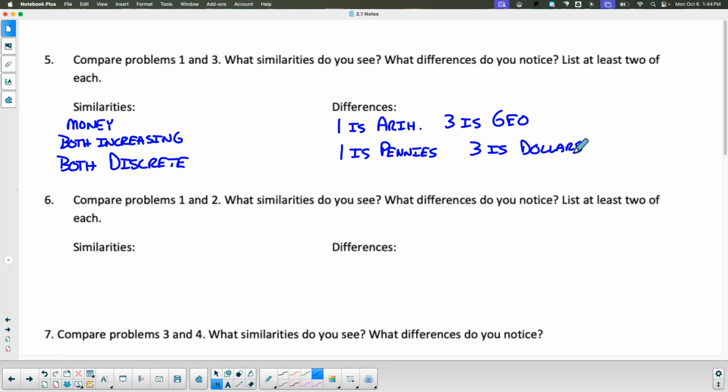Come on, give me a similarity or a difference between 1 and 2. Somebody else, give me a similarity or a difference.